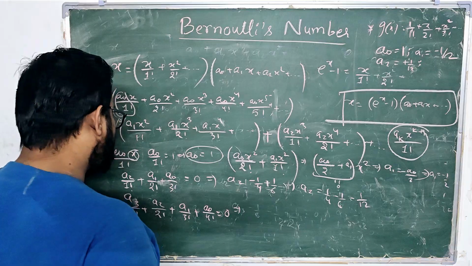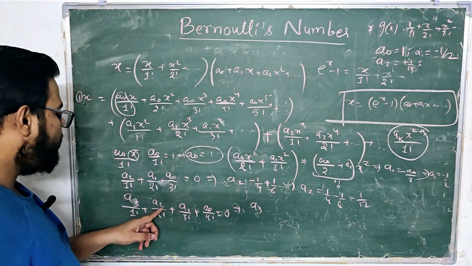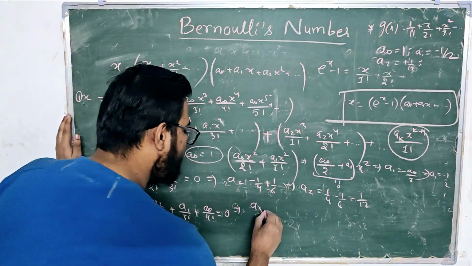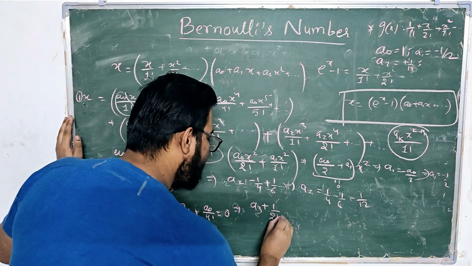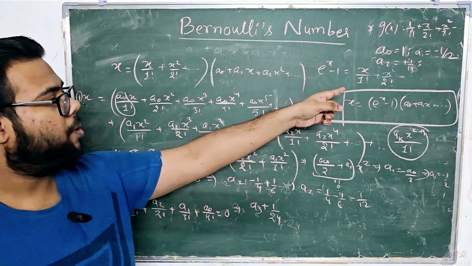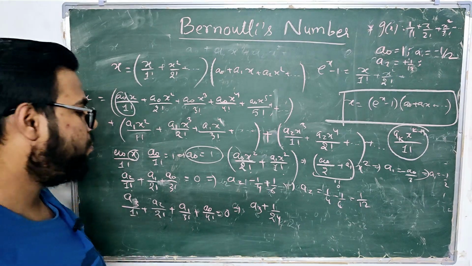So from here you will get the expression for a3. What is a2? a2 is equal to plus 1 by 12, right? So plus 1 by 12 will become 1 by 24, because we have 2 and there we have 1 by 12. So 1 by 12 into 1 by 2 is 1 by 24. Okay.